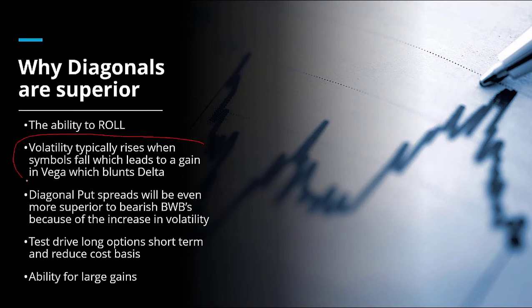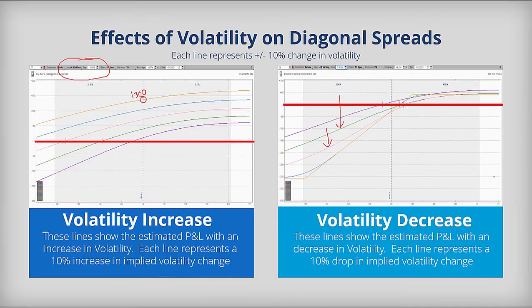When a stock falls, it typically comes with a rise in volatility. Think about that. When a stock falls, it typically comes with a rise in volatility, which helps the trade. So let's say the stock drops from 106 all the way down to 104, but volatility goes up 30%.